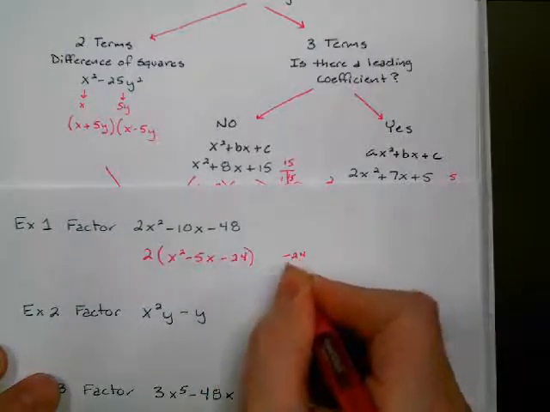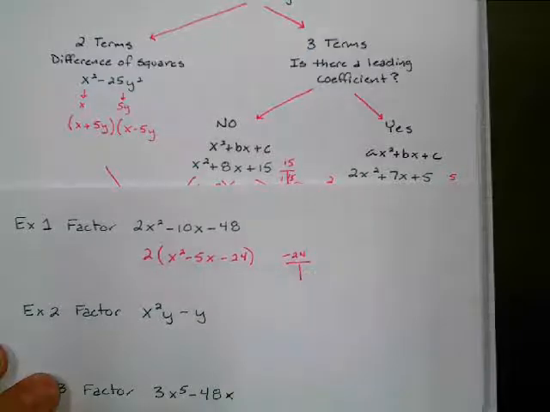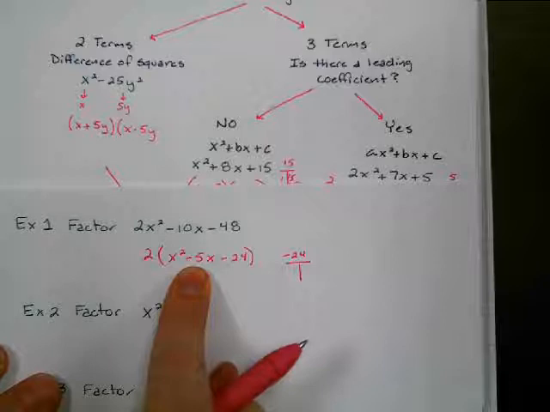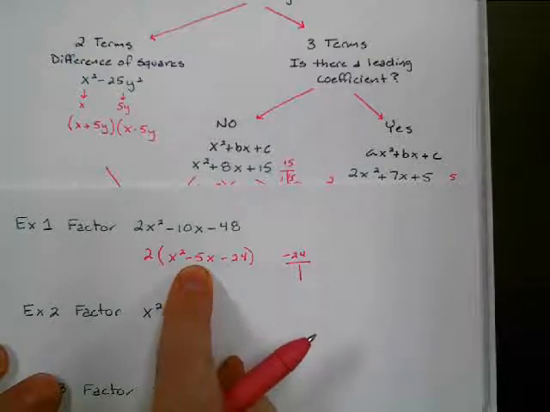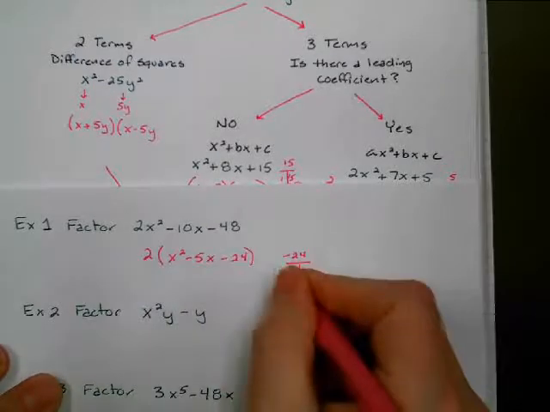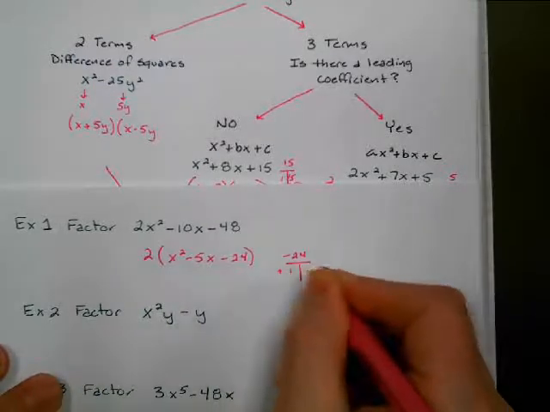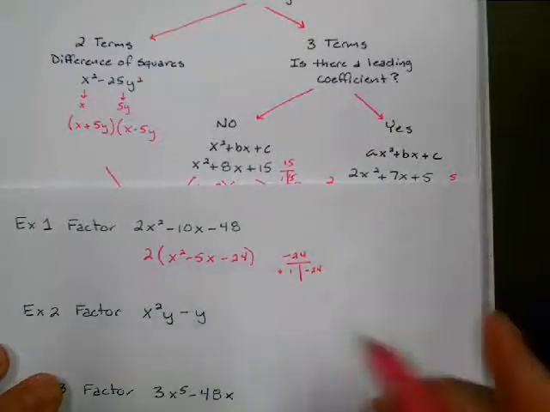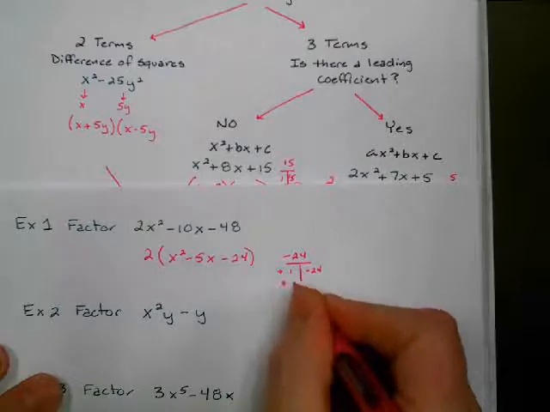Now, since that's a negative 24, and then this is a negative 5, one of my numbers is positive and one of my numbers is negative. And it looks like the bigger number is going to be negative because this middle number is negative. So I'm going to think of positive 1 and negative 24. Does that add to give me negative 5? No. Let's move on. 2 and negative 12.